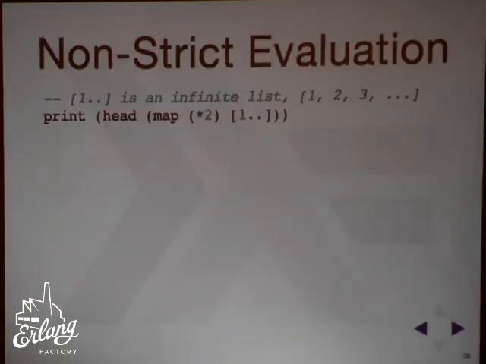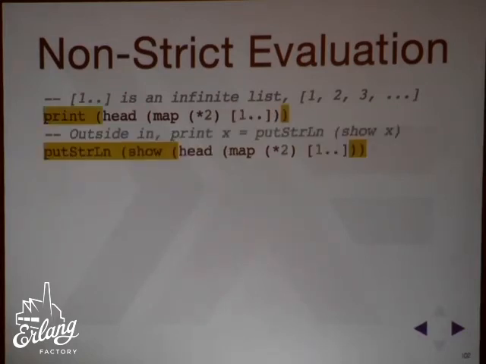So here's an example of how Haskell would evaluate a thing. Here I'm going to end up printing the number 2, but I'm doing it in a really weird way. I'm mapping times 2 to all of the integers, and I'm getting the head of that, and then I'm printing it. So if I start evaluating that outside in, I have this print action.